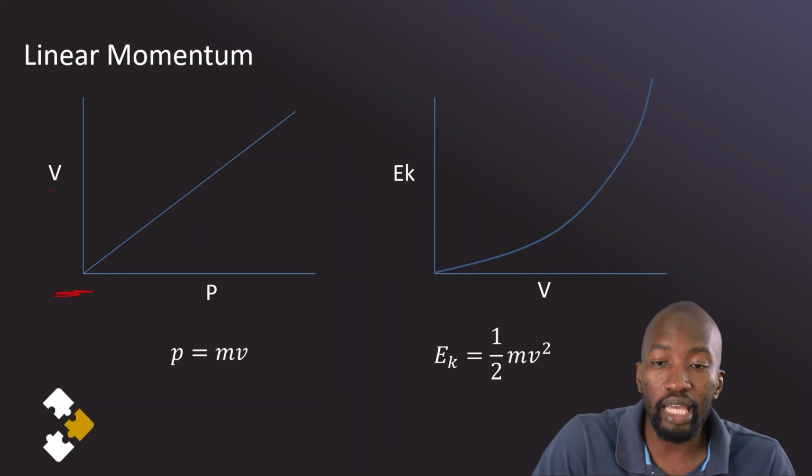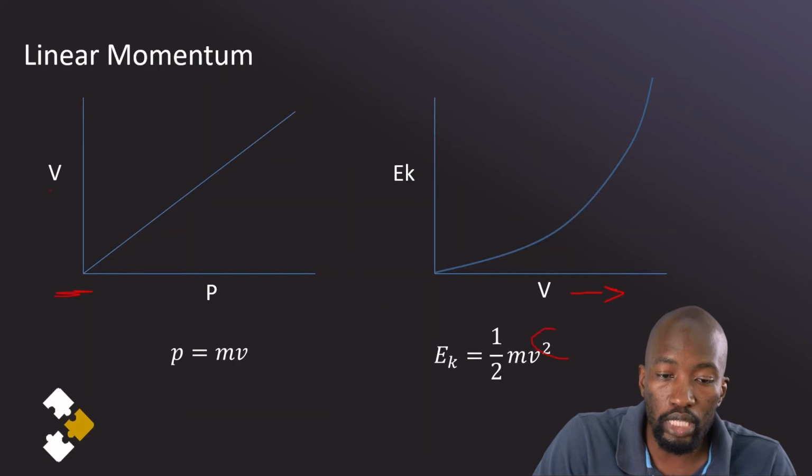Now, with kinetic energy, as we go to the right, as the velocity increases, because there is a square there, this is how it affects the kinetic energy. As the velocity increases, the kinetic energy also increases, but it's not a linear graph, it's exponential.